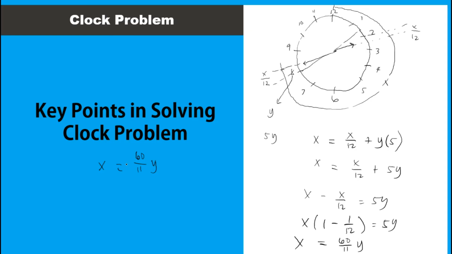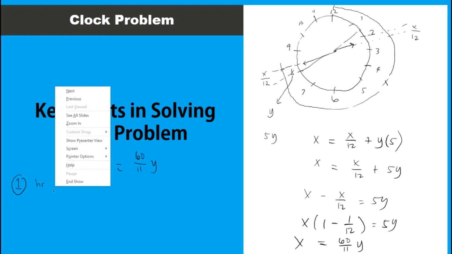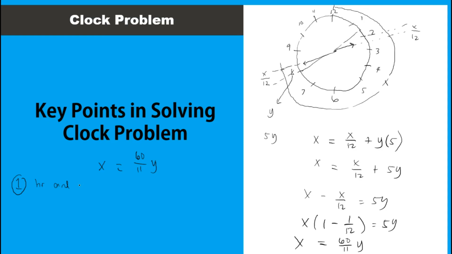So there are conditions in using this formula. So I've formulated these conditions. So the first condition is, if the hour and minute hand are together, then y corresponds to the given hour.